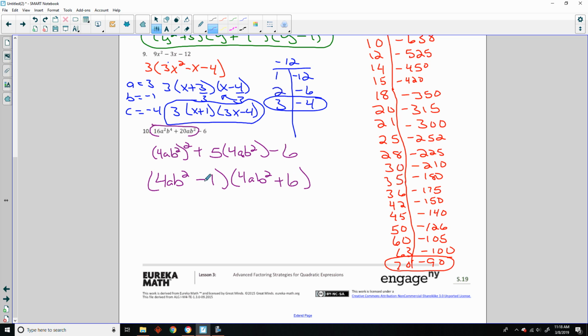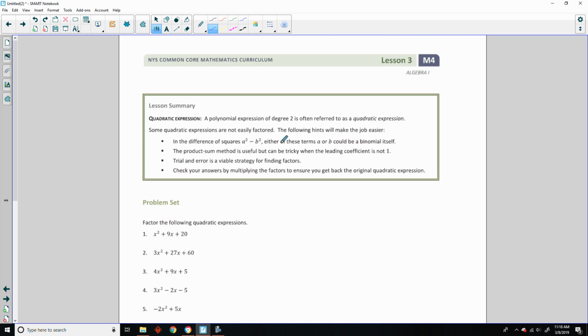Okay, so there it is, and now I can factor out that 2 I did before. So if I factor out a 2 now, then I'd have 2 times 2ab squared plus 3 times 4ab squared minus 1. Okay. That is the end of Lesson 3. Review the lesson summary and go to your problem set.